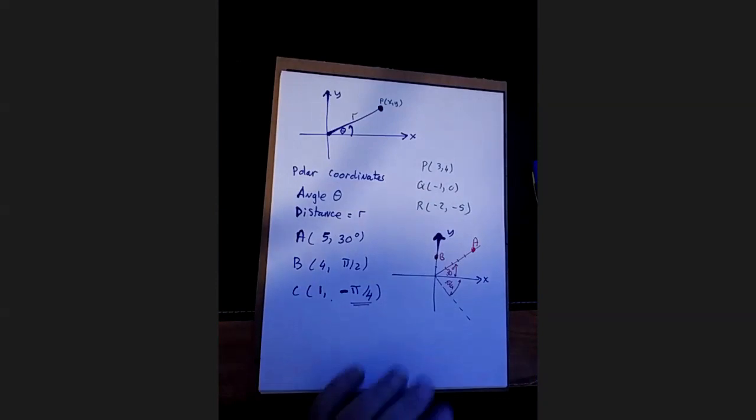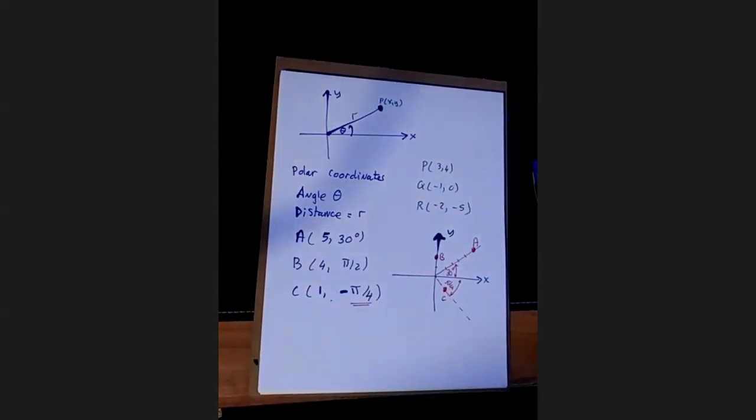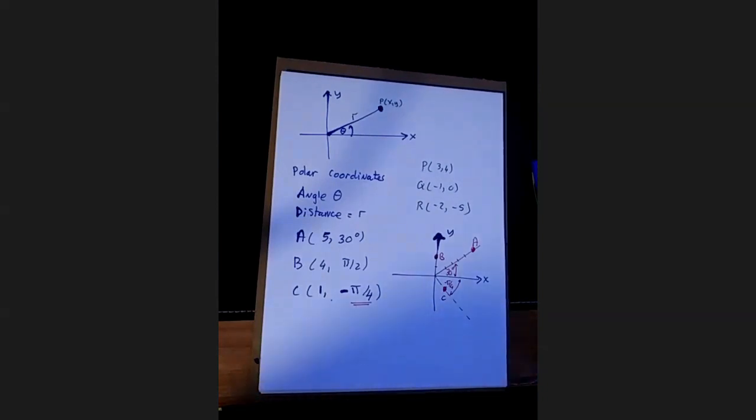And then 1 would be just go 1 unit, so there is C. So our first question, I guess, is, are we all comfortable with this new coordinate system called polar, and that it allows you to give any point in 2D space?